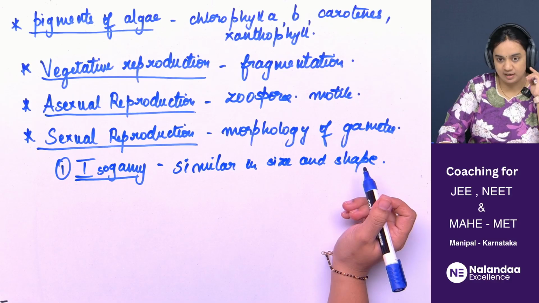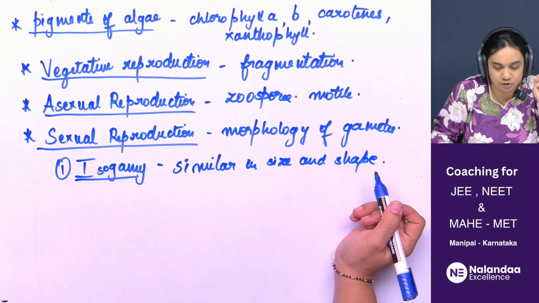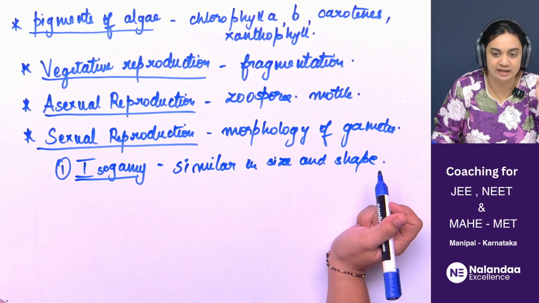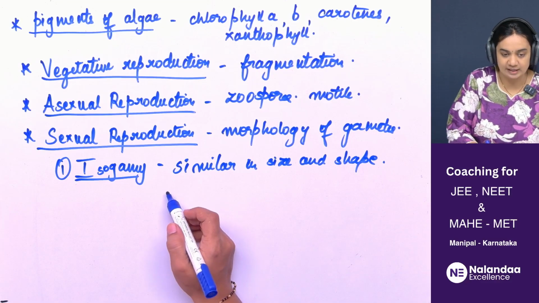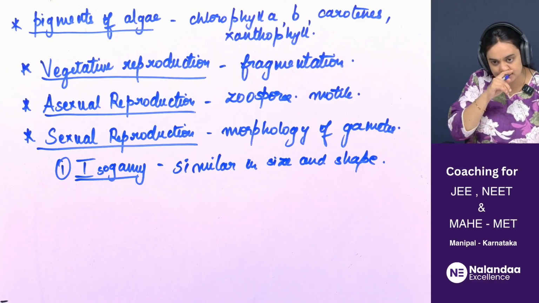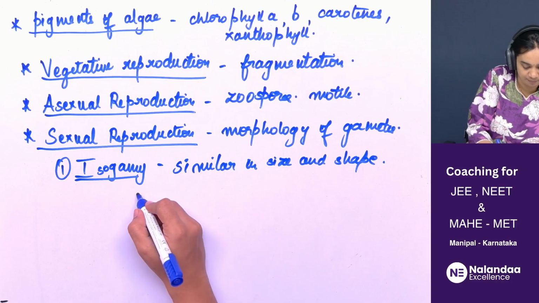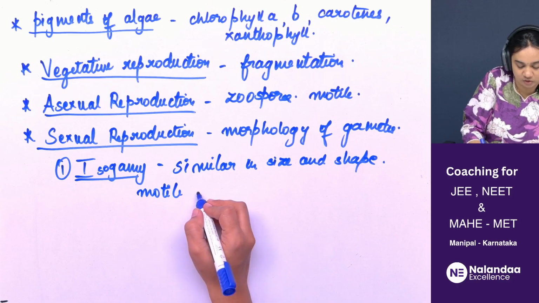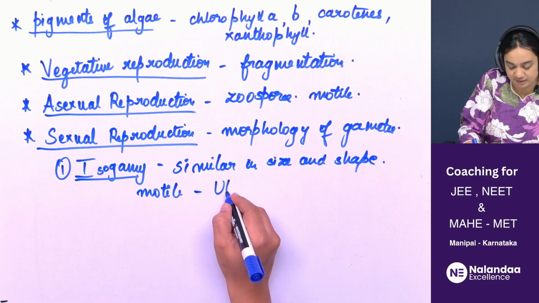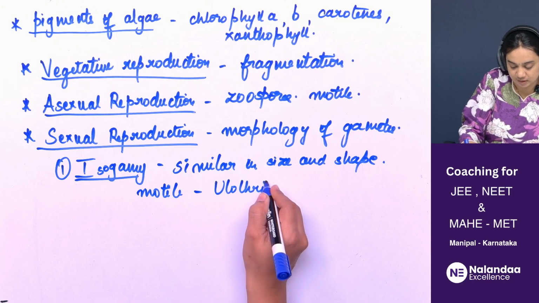When we say similar in size and shape, we also talk about motility, meaning it can be both motile gametes or non-motile gametes. So in isogamy, the fusing gametes are similar in size and shape, and the gametes can be motile or non-motile. In case of motile, the example is Ulothrix.